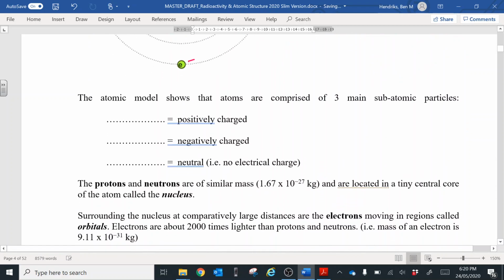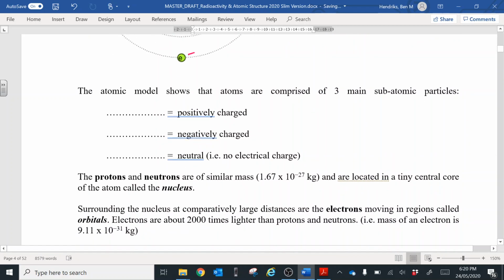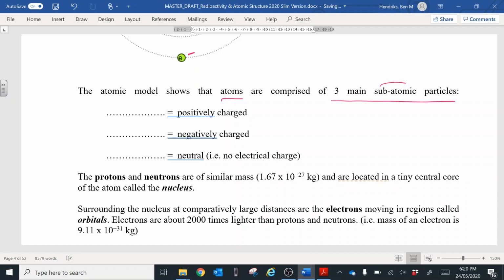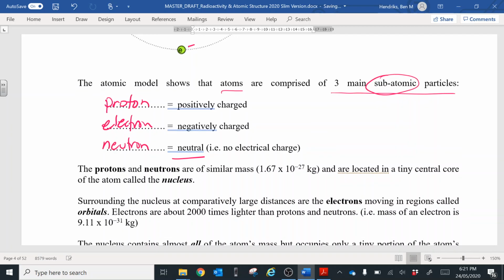Okay. So the atomic model shows that atoms are comprised of three main subatomic particles, which means smaller than atomic particles. So we have the proton, which is positively charged, the electron, which is negatively charged, and the neutron, as the name suggests, is neutral, so it has no electrical charge.